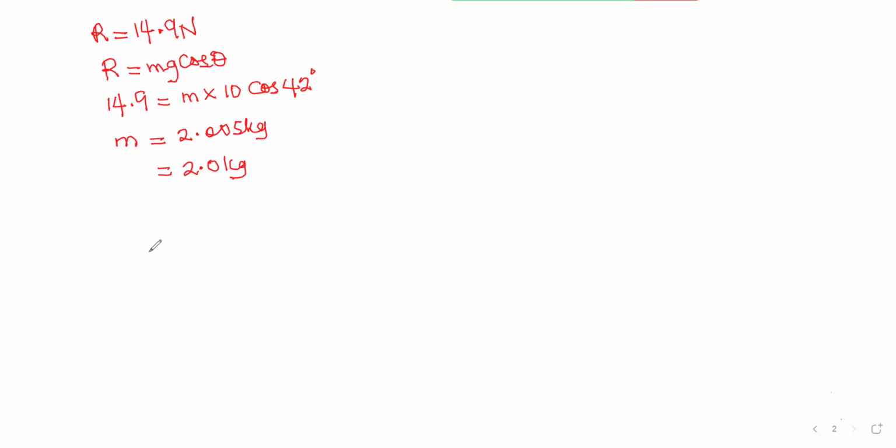Then the force parallel to the plane that is needed to hold the body at rest. Since it is a smooth inclined plane and the only force acting on the body is the unbalanced force mg sine theta, to keep it at rest, the applied force must be equal to the unbalanced force.